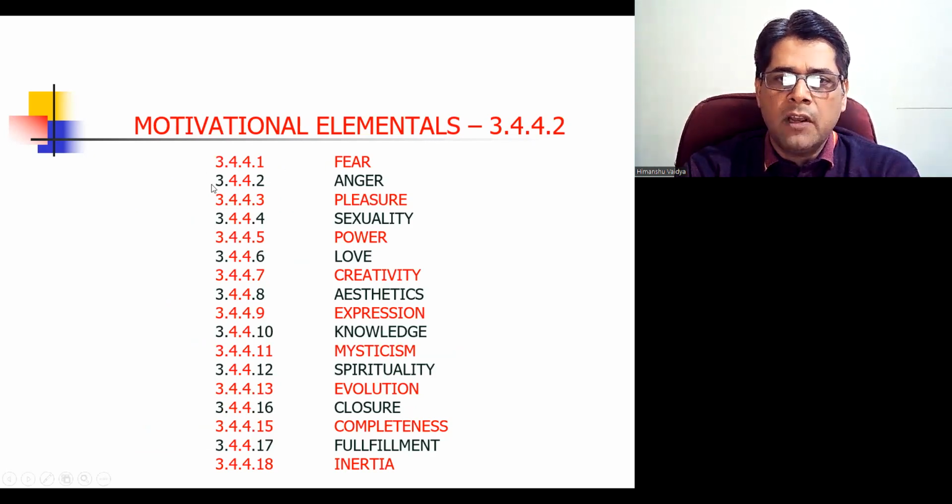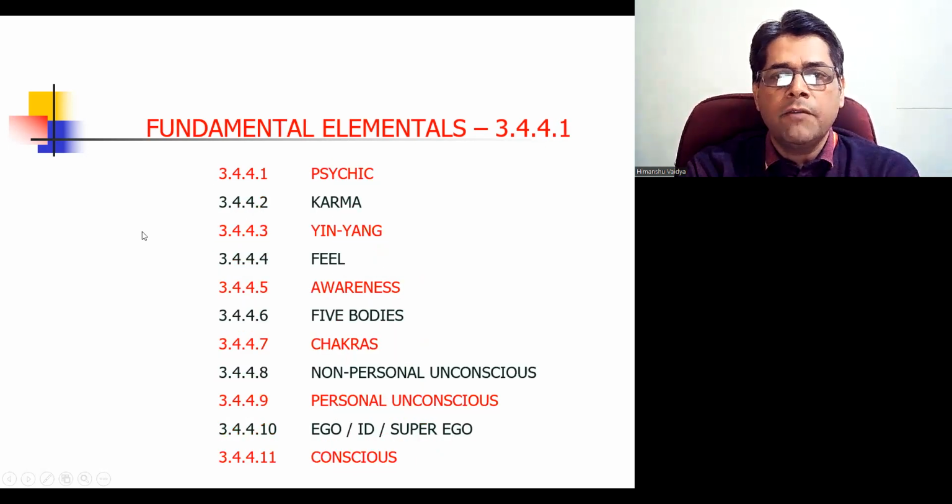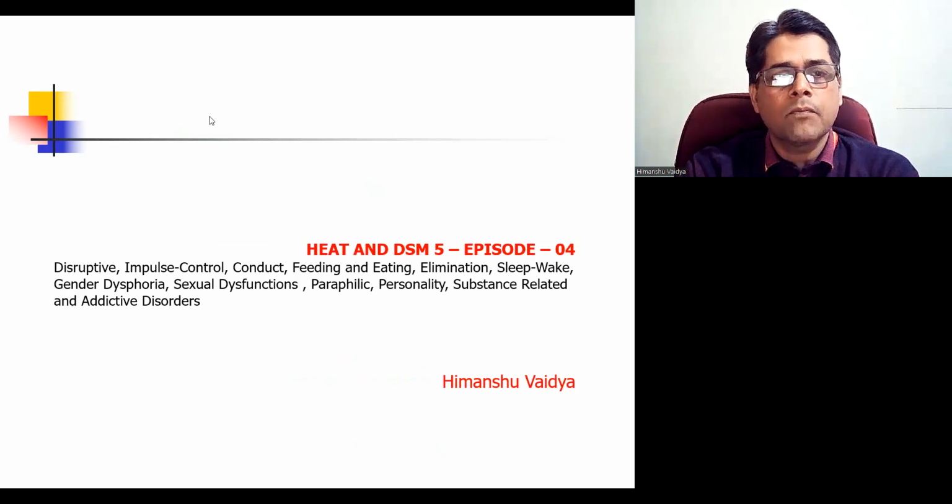In the disorders that we are looking at, we will see these motivational elementals at play. 4.1, 4.2, 4.3, 4.4, 4.5. They will be the major players, 4.1 to 4.5. We go to each of them.